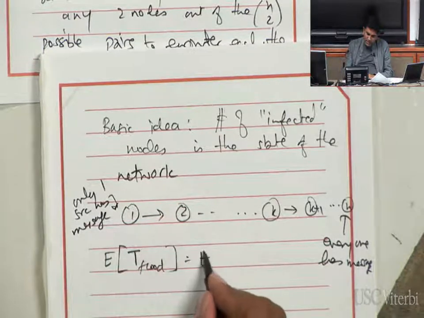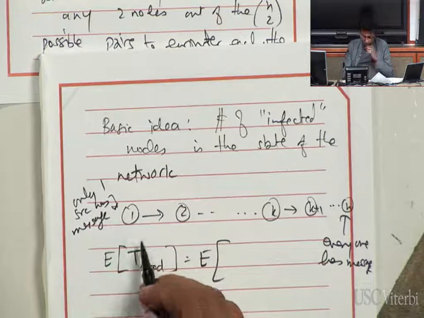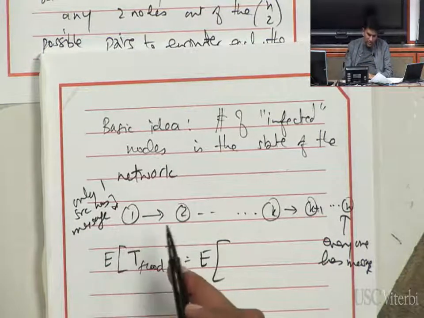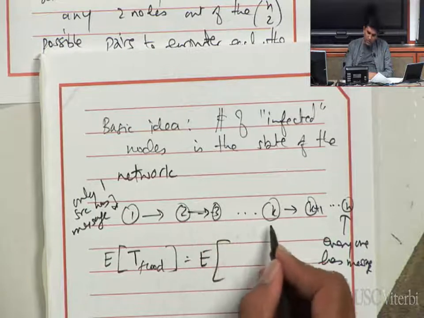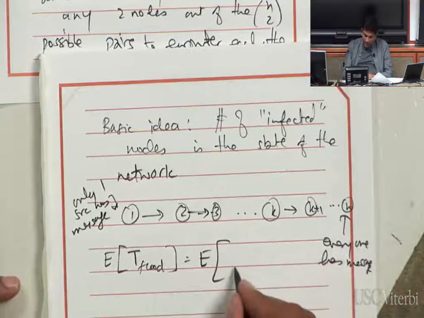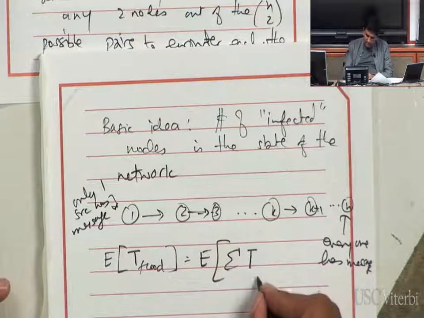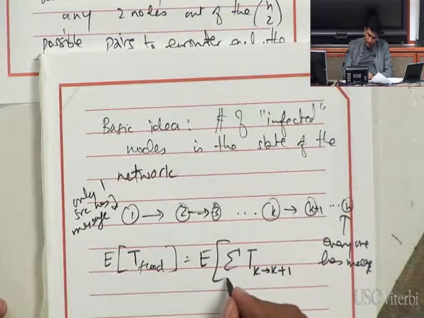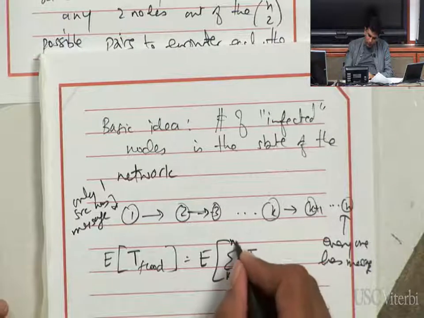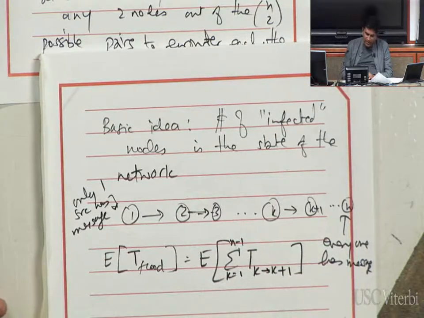And we said that this is the expectation of the sum of the times to go from one node having the message to two nodes having the message, from two nodes to three nodes, and so on, all the way up. And so it's this set of times added together.